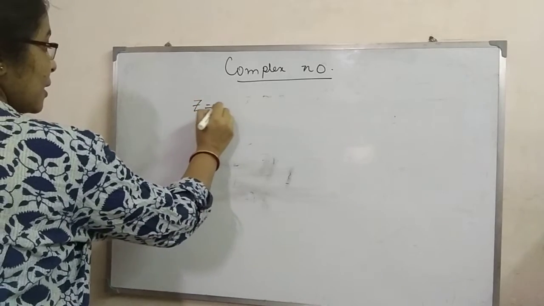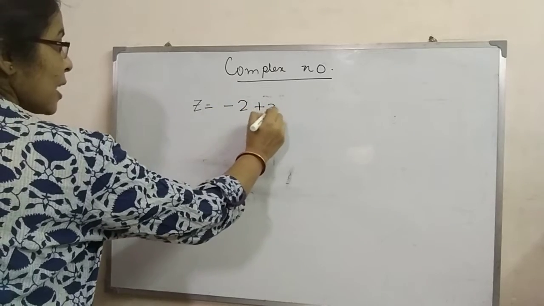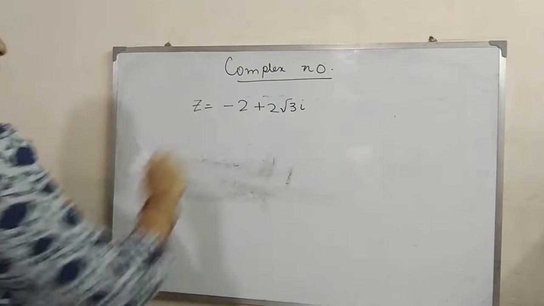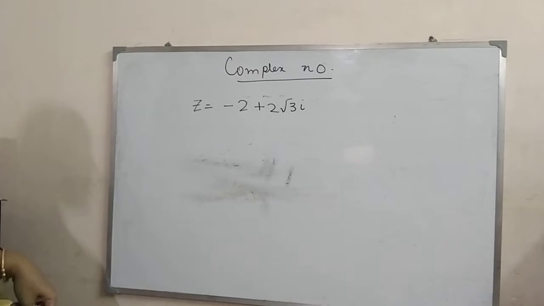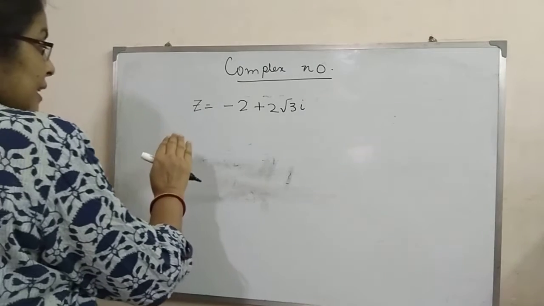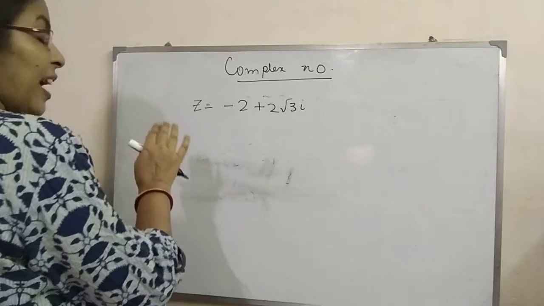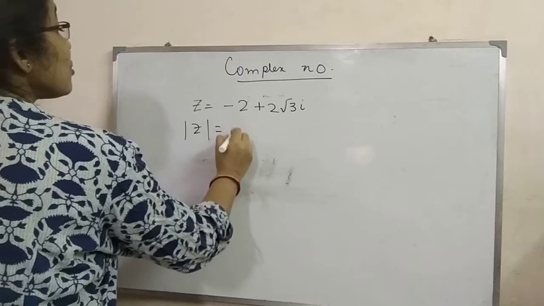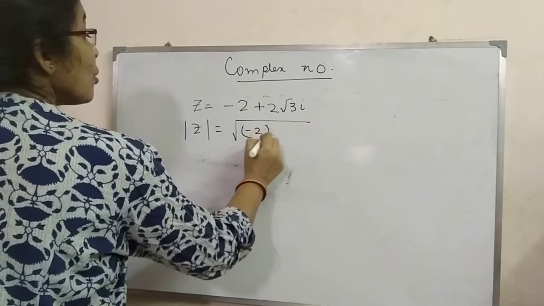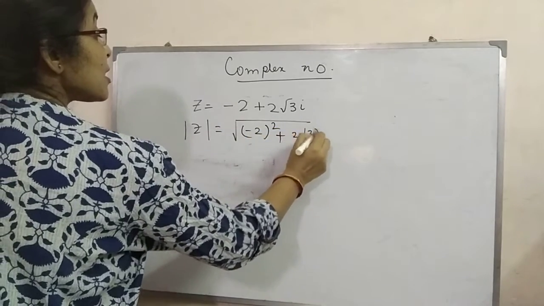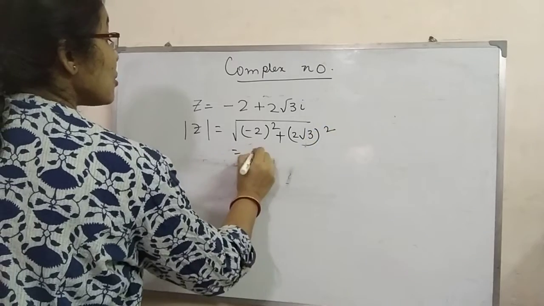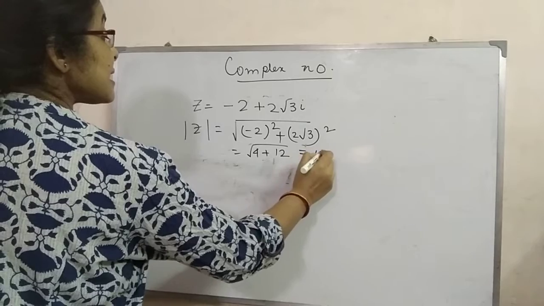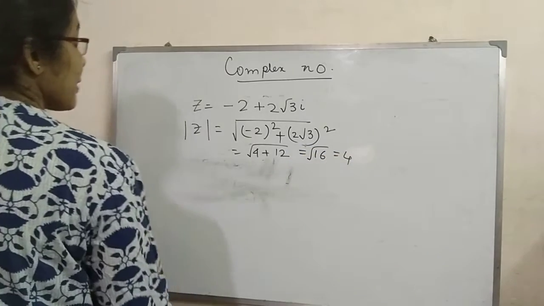If z equal to minus 2 plus 2 root 3 i is given, find its modulus amplitude form. Mod z equal to square root of minus 2 whole square plus 2 root 3 whole square, this is equal to 4 plus 12, that is 16, that is equal to 4.